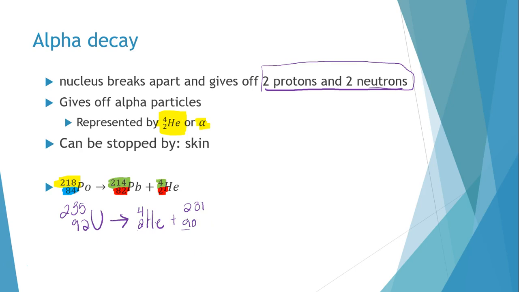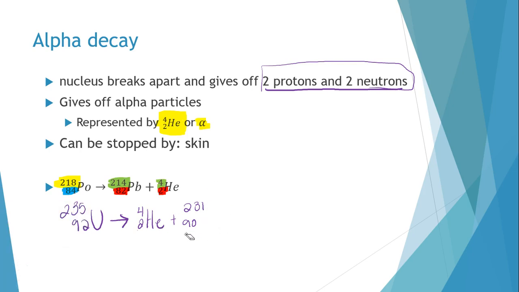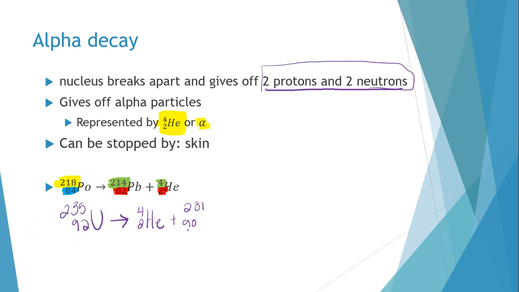Now, how do I know what letter goes right here in this? We're going to use it like an imaginary space. I won't leave the box there because surely someone will draw a box around everything. So what's going to go there is going to be based off of this. Remember, we just said that the bottom number is the atomic number, and the atomic number tells us the identity of the element. So you can hear me getting out my reference table because I didn't have it out ahead of time.